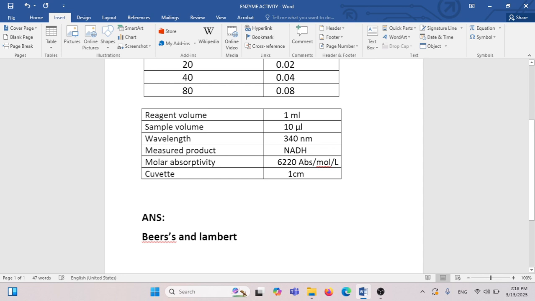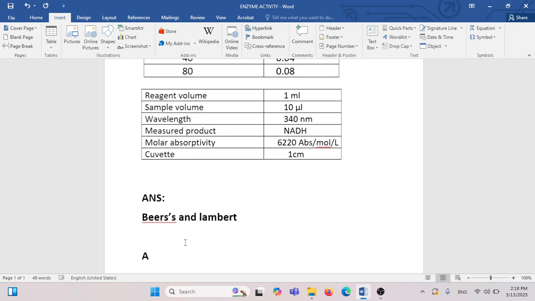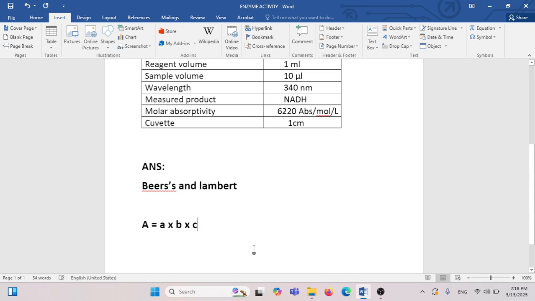From Beer's and Lambert's law, the change in absorbance A equals molar absorptivity multiplied by B, the path of light, multiplied by C, the concentration of that substance in solution, or in the case of an enzyme, its activity.